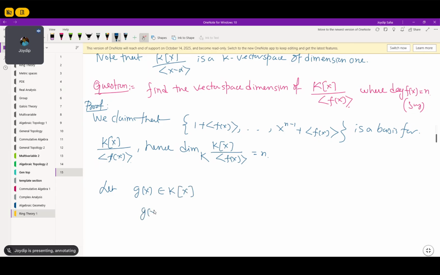So g(x) can be written as f(x)q(x) plus r(x), where either r(x) is 0 or degree of r(x) is less than degree of f(x), by the division algorithm.